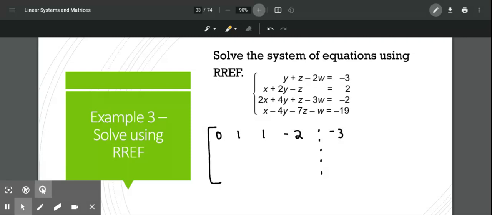In our next equation, we have 1x, 2y, negative 1z, 0w, and it equals 2. Then we have 2x, 4y, 1z, negative 3w, and it equals negative 2. And then our last equation, we have 1x, negative 4y, negative 7z, negative 1w, and it equals negative 19.